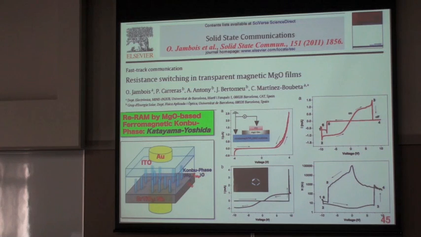When you apply an electric field, the oxygen vacancy migration barrier is very small. You can remove the oxygen vacancy, and then it becomes P-type conduction. People made this kind of device, and you can see this kind of current versus voltage. This is a hysteresis, and people also observe switching, and also ultraviolet emission.